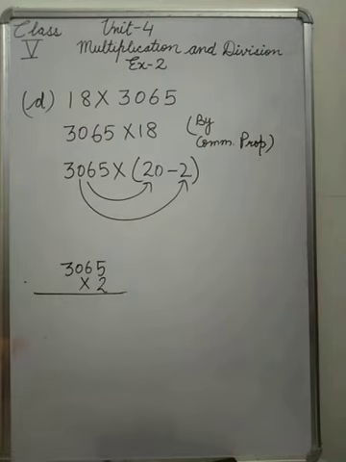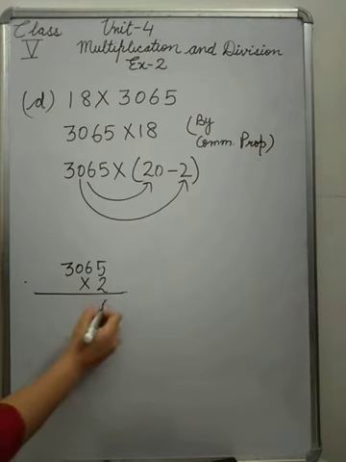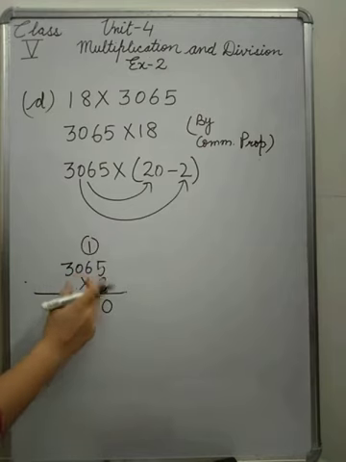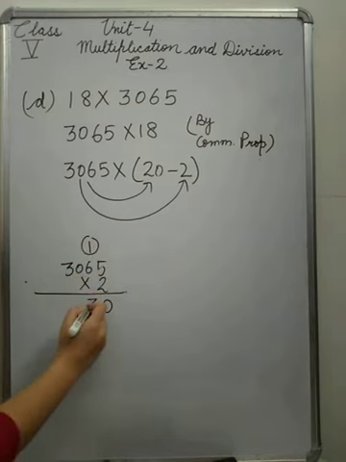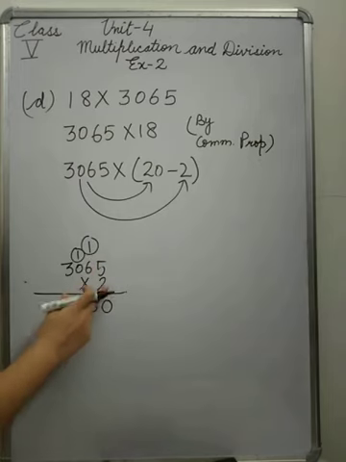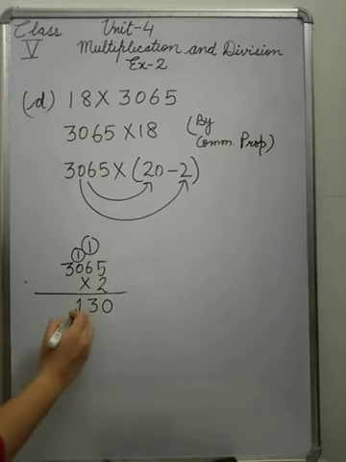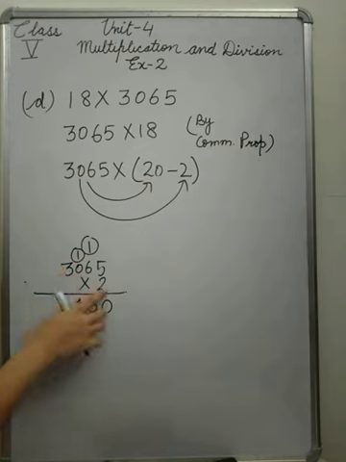So what you do? 5 2s are 10, 6 2s are 12, plus 1, that is 13. 0 is written, 1 is carried, write it here. 3 2s are 6. So that means 6130.